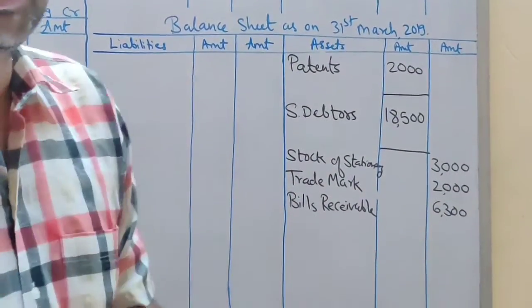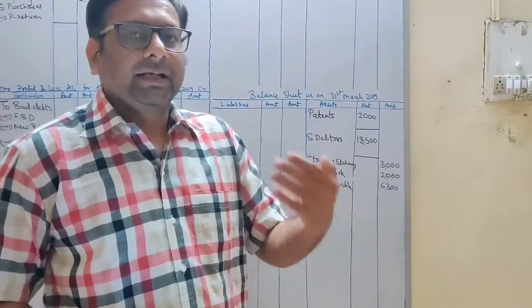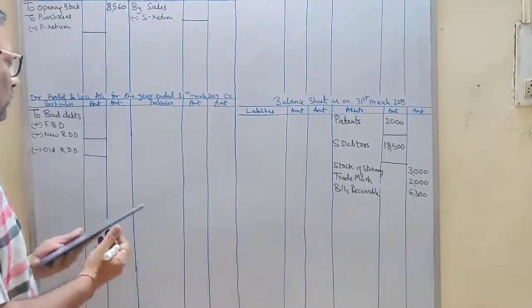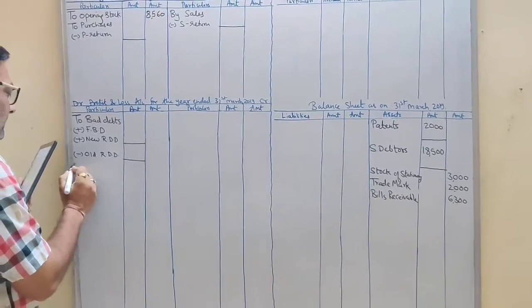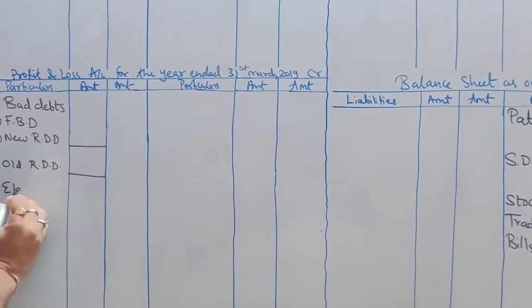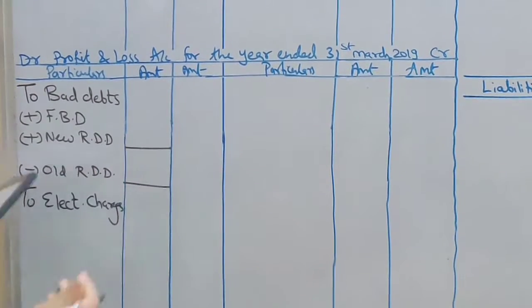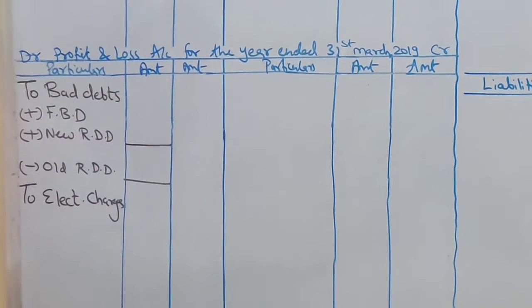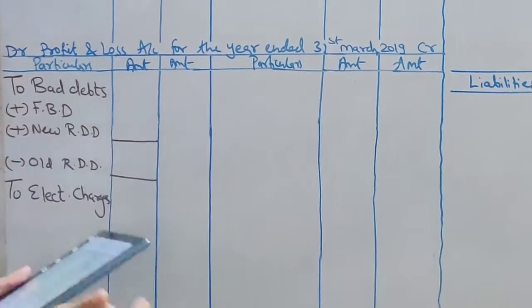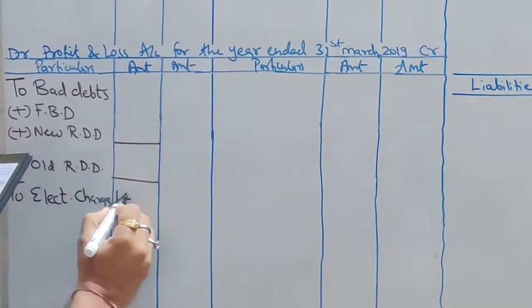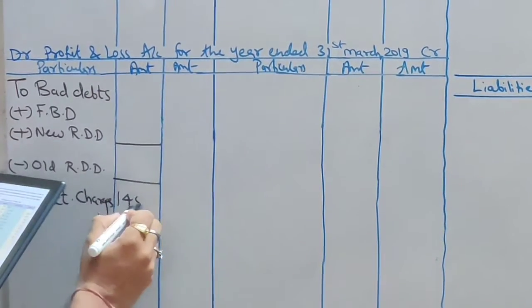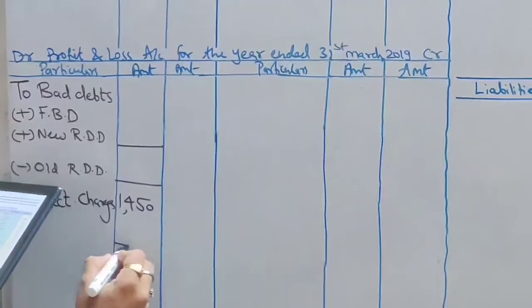Then electricity charges, it is your electricity bill, it's an expense, so it will go in profit and loss account. To electricity charges, it will go in P&L account, and there is an adjustment, so you will write it in inner column 1450 and leave one extra line.